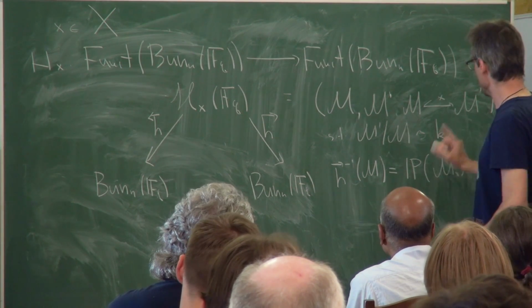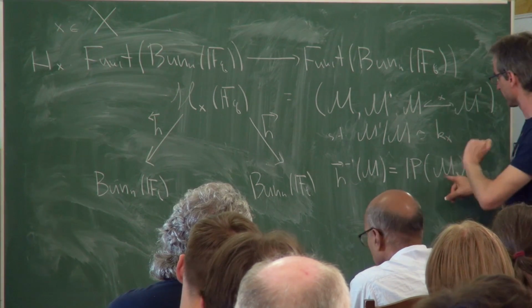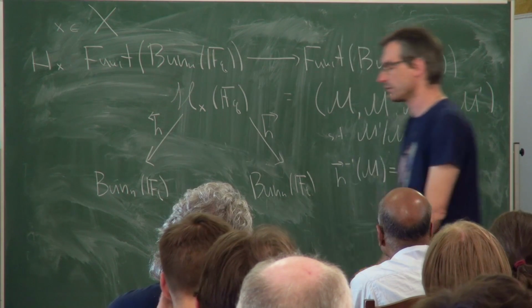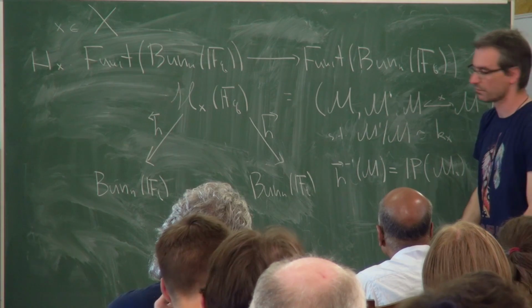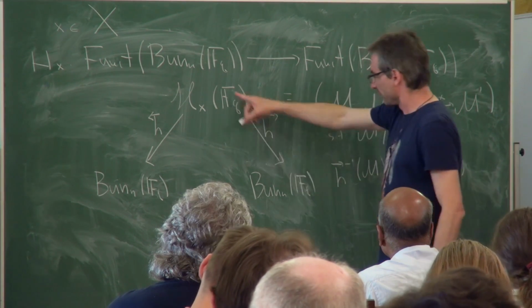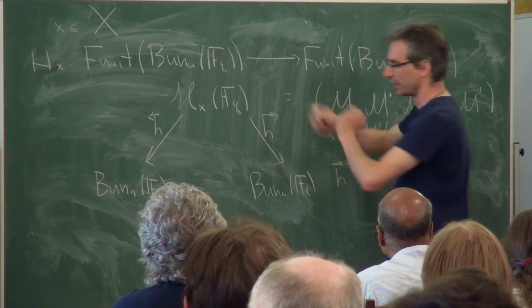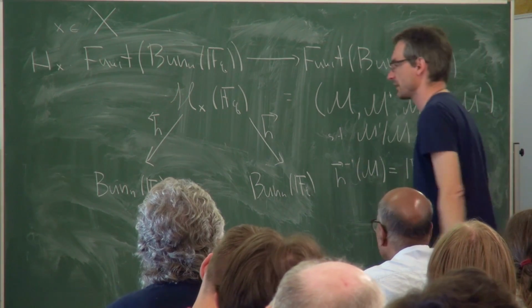It's the lines in, so you take this rank n vector bundle, you take its fiber at the point x, it's an n-dimensional vector space over the residue field, and this is the space of lines in this vector space. And a similar thing will happen to this projection. So the fibers here are, again, points over some finite fields of projective spaces.